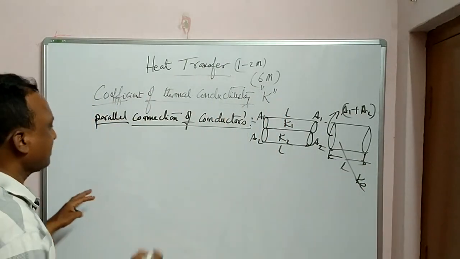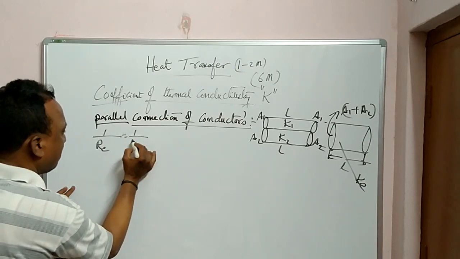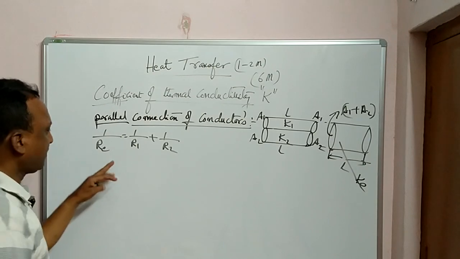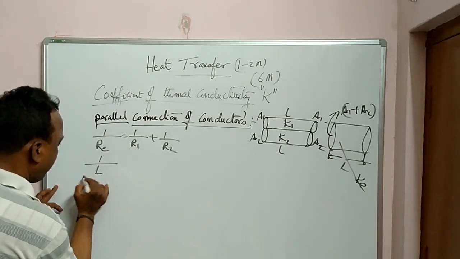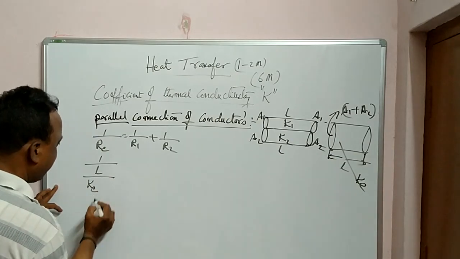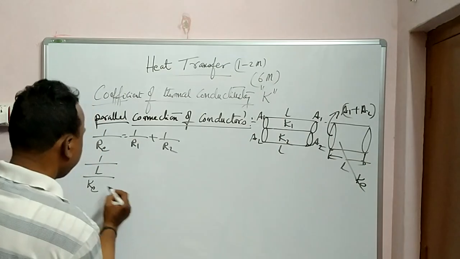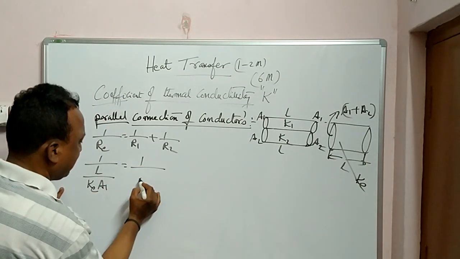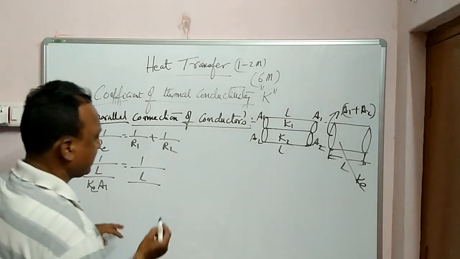So apply the formula as in current electricity: 1 by R effective is equal to 1 by R1 plus 1 by R2. Therefore, you can write 1 by Re, where Re means L by Ke A. What is the area here? The first one, A1, is equal to 1 by R1 again: L by K1 A1, where L is constant, isn't it?